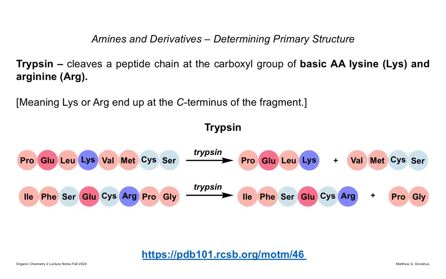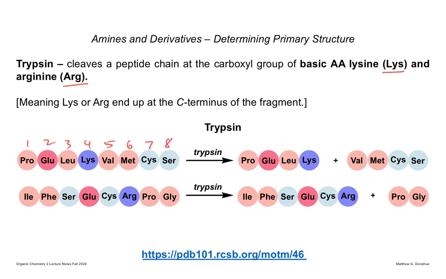So here's a visualization of trypsin, where again we're looking for lys and arg. In these 2 examples, for the first one, we're reading 1, 2, 3, 4, 5, 6, 7, 8. The lysine is the one in dark blue.